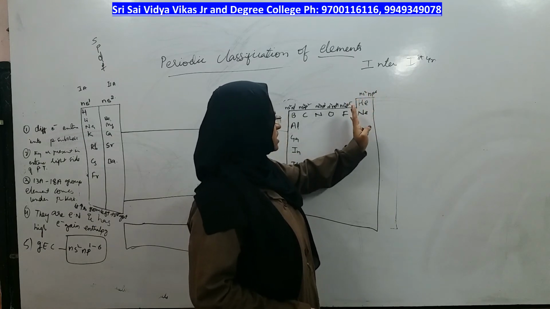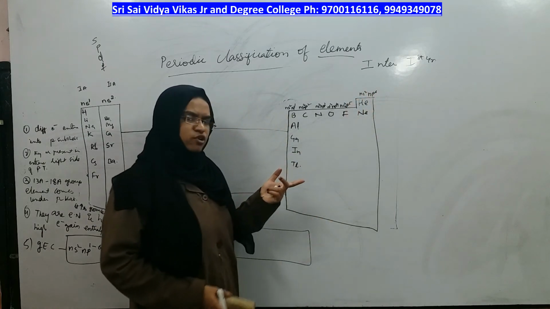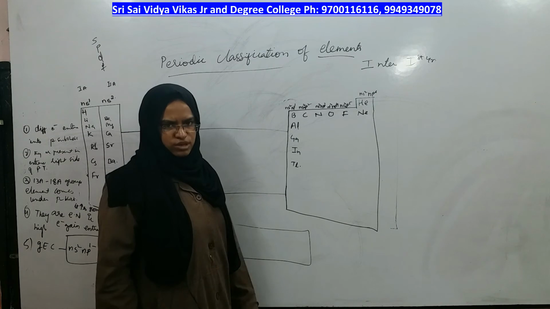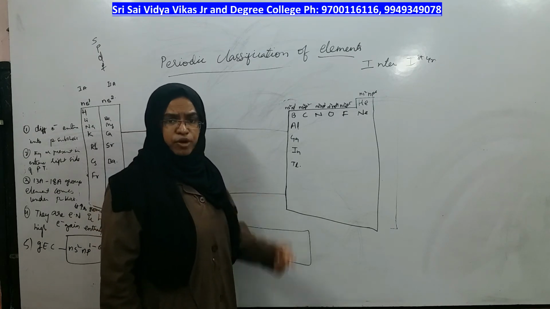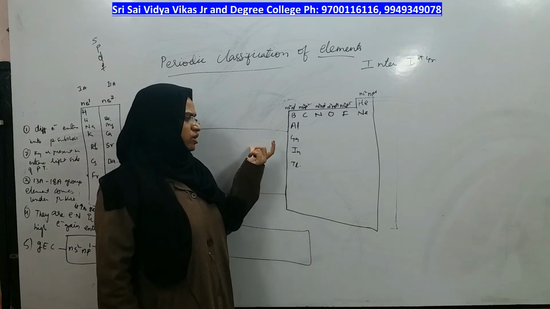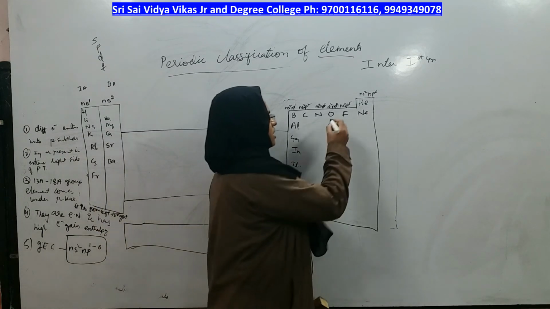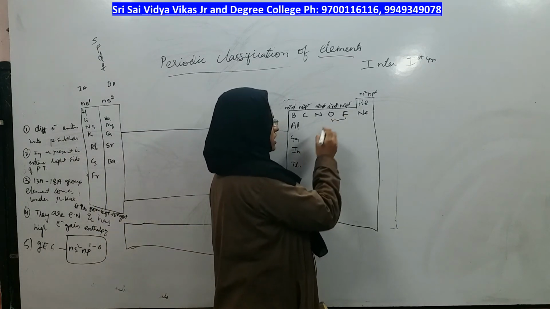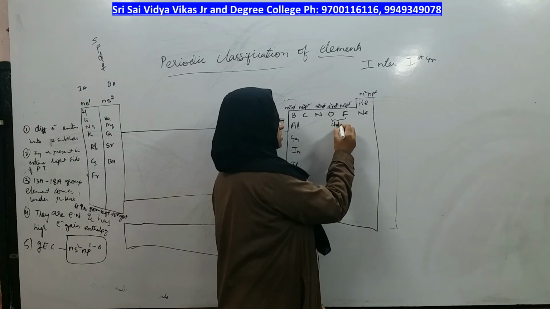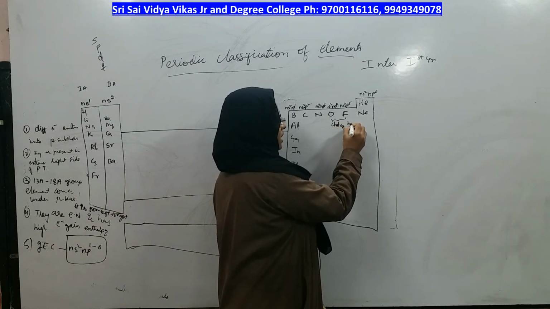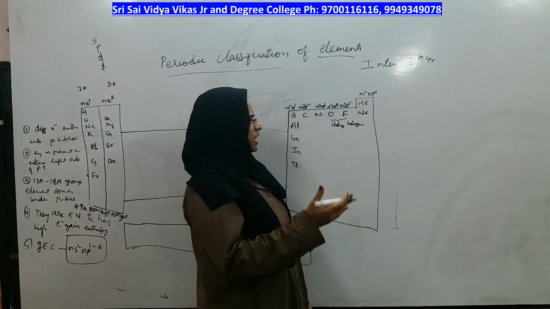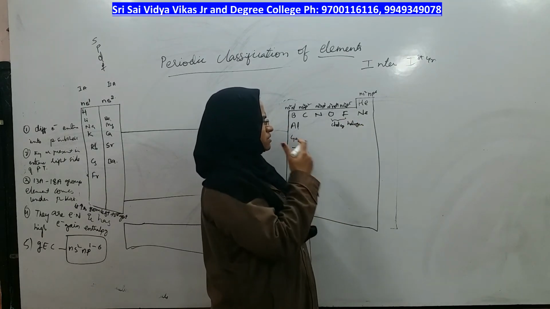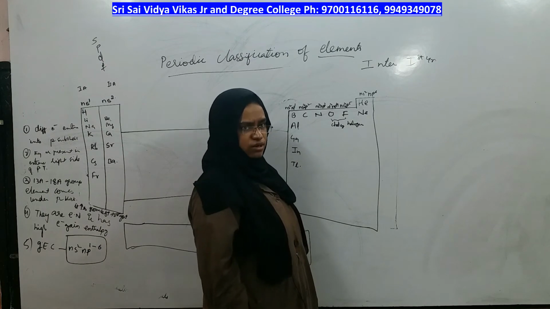Before noble gases, you will find the oxygen and fluorine families immediately beside noble gases. They are also a very important class of elements in the periodic table, called chalcogens and halogens. Halogens means fluorine, chlorine, bromine, iodine, and chalcogens are just beside halogens, right?